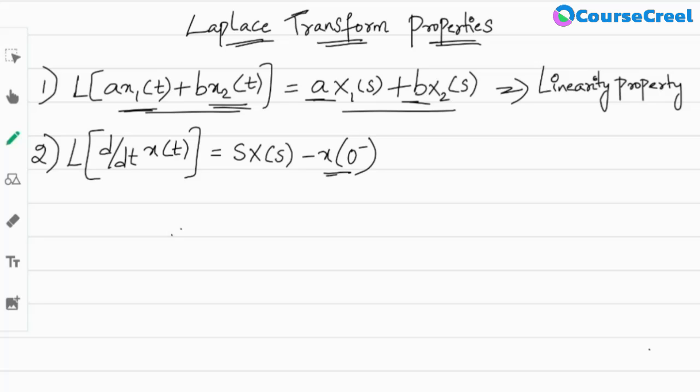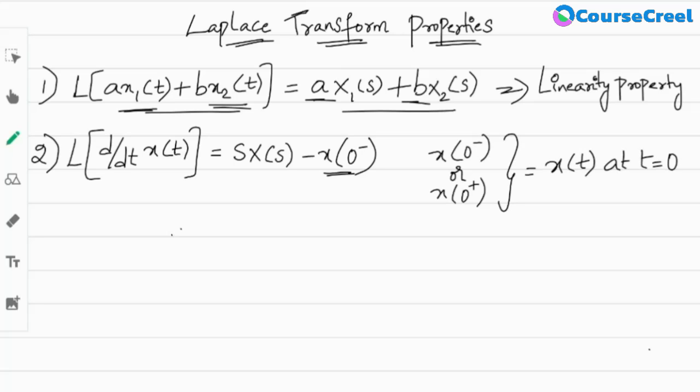Here x of 0 minus is nothing but x of t at t equals 0.